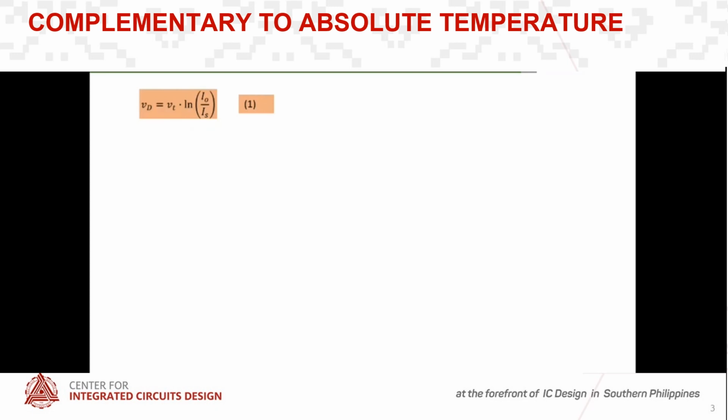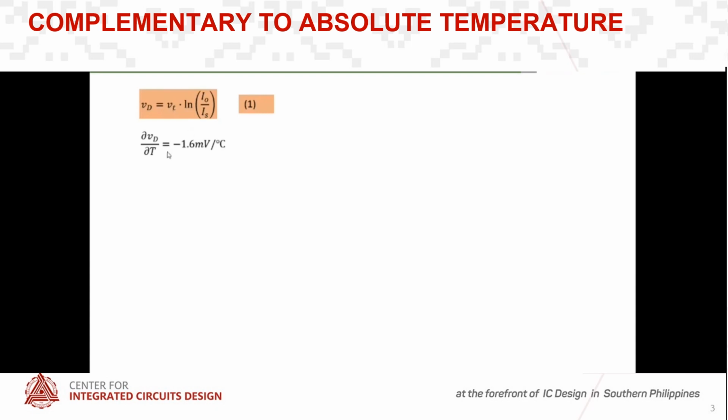We also showed that the change of the diode voltage with respect to temperature, according to the textbook, is equal to negative 1.6 millivolts per degree Celsius. We know it is not fixed, but it can vary from time to time, so it is just for qualitative analysis.